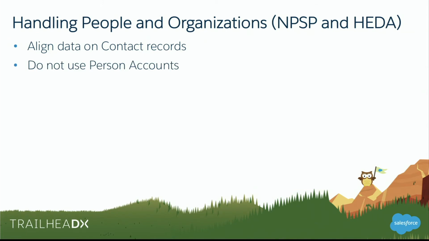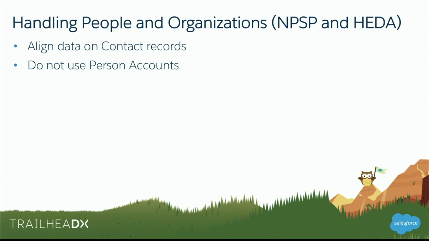Don't use person accounts. Please, pretty please. We don't use person accounts on these applications. And this is intentional. We've gotten some pushback from our developer community, and here's why.